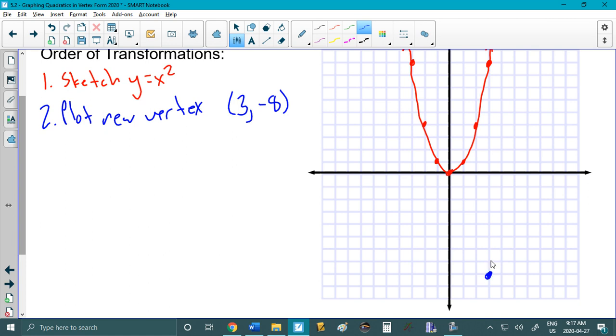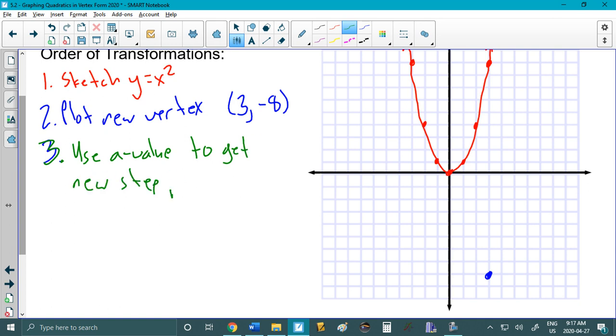Okay? And then for me, step 3 is going to be, not sure why that's blue, step 3 is going to be use A value to get new step pattern.